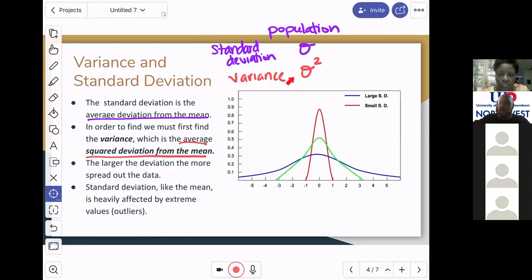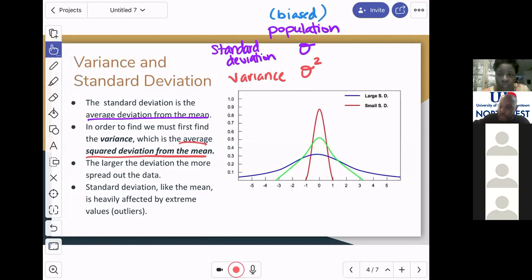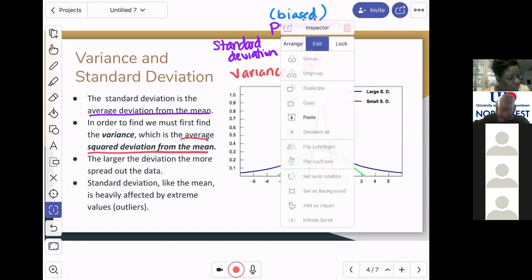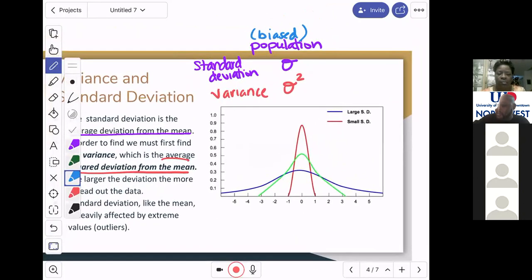All right. And the problem with the population is that it's what we call a biased estimator. So we always look at the unbiased estimator, which comes from the sample values.